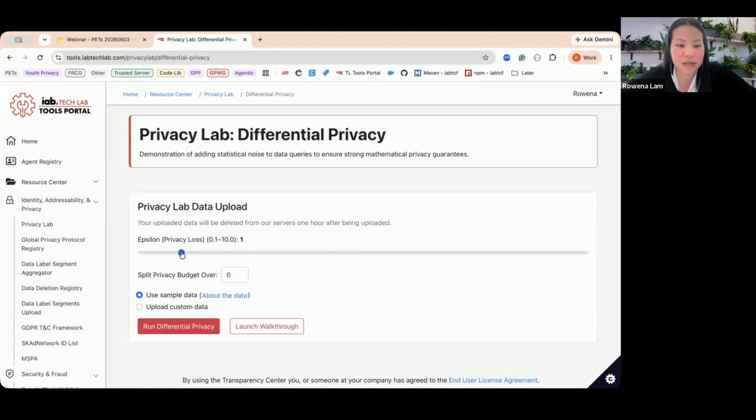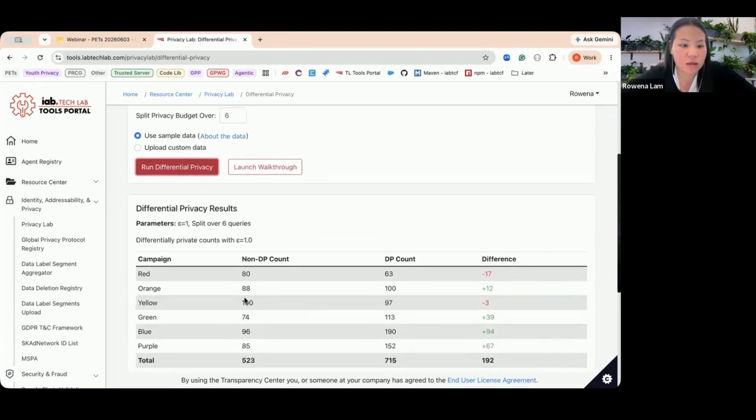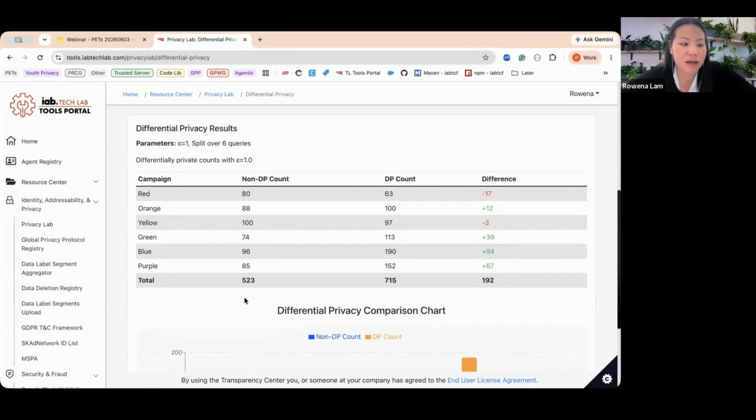So this is set at an epsilon value of 1, and I'm going to run differential privacy on a sample data set. Okay, and so this is what the output looks like. We're looking at campaign conversion counts, 6 campaigns.